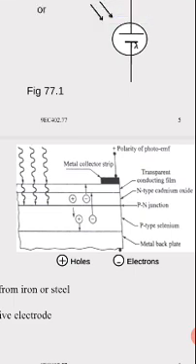The polarity of positive EMF. And there is transparent conducting film.